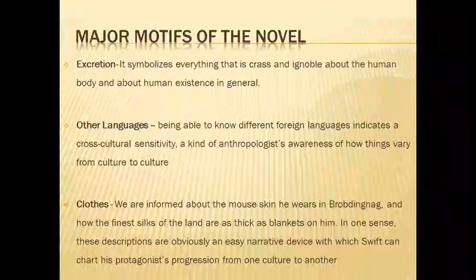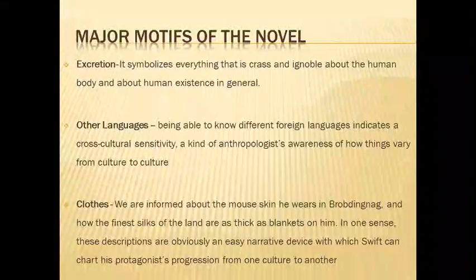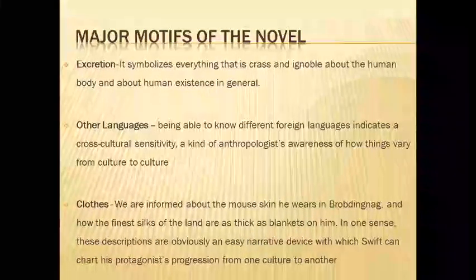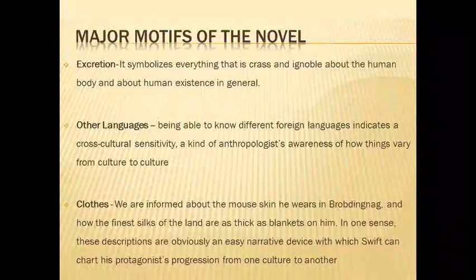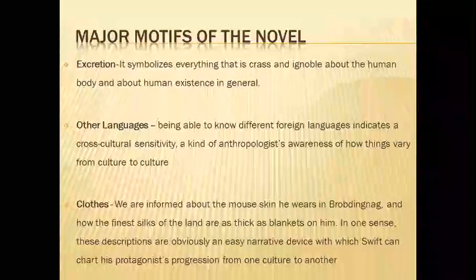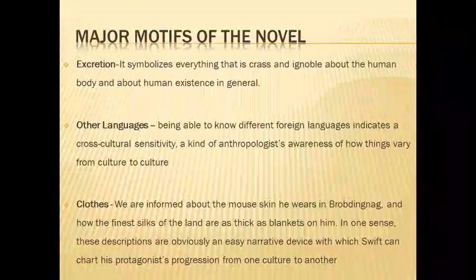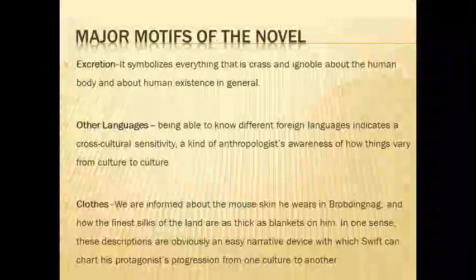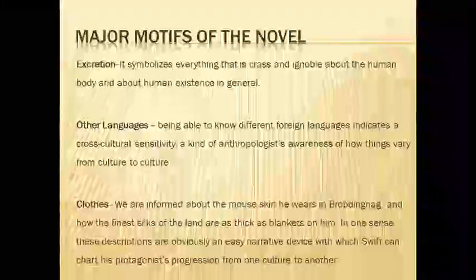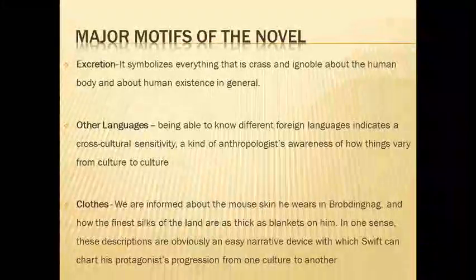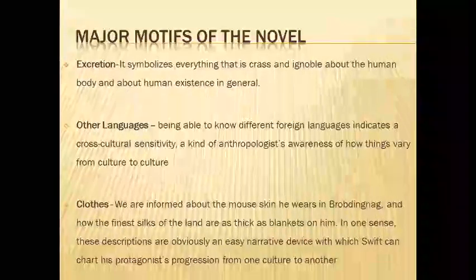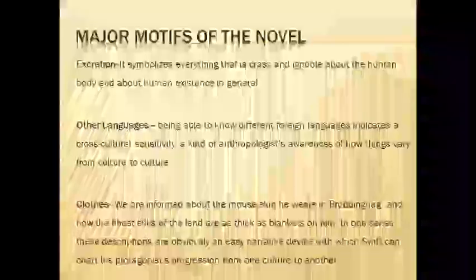And the last motif is about clothes, so clothing. We are informed about the mouse skin he wears in Brobdingnag and how the finest silks of the land are as thick as blankets on him. In one sense, these descriptions are obviously an easy narrative device with which Swift can chart his protagonist's progression from one culture to another.